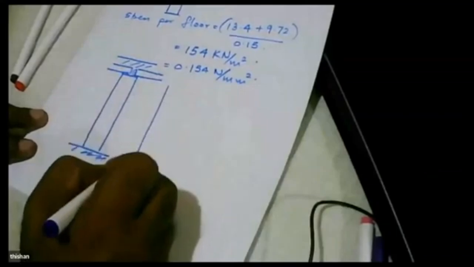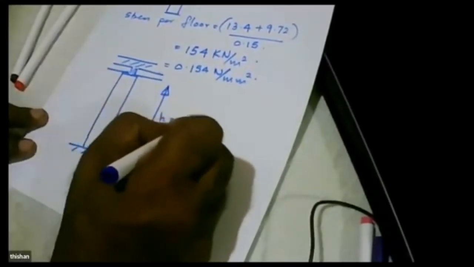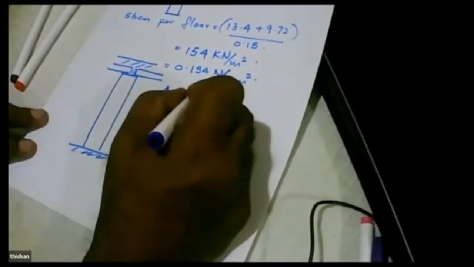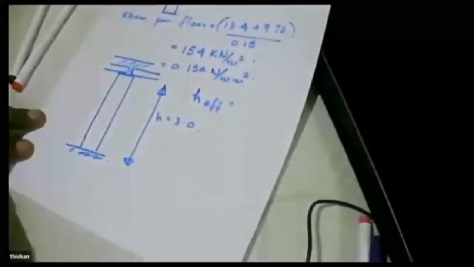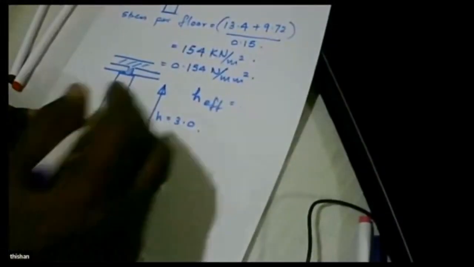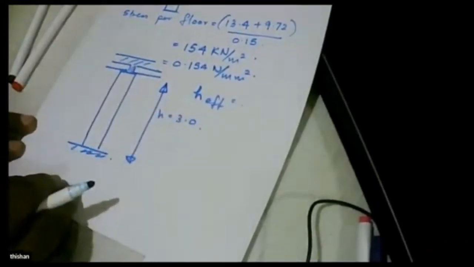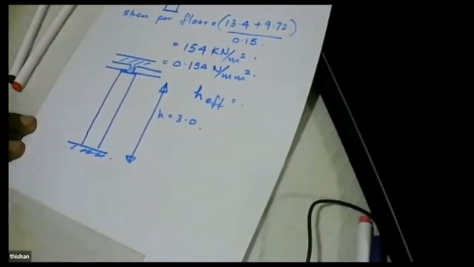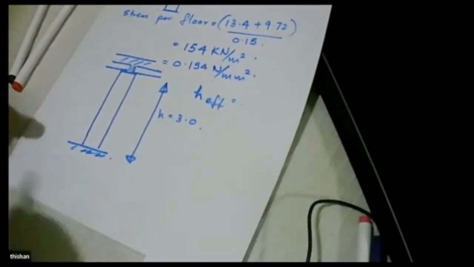So we have a height of 3 meters, but we have to find what is the effective height. So when masonry is supporting other elements, we can have different effective heights. So that is one of the problems that we have. So what are the other problems we have?